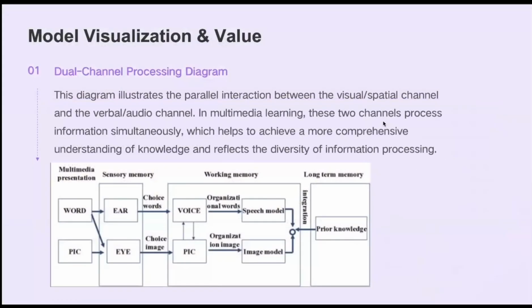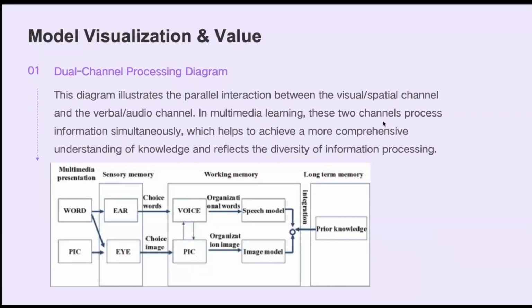The visualization of the model is reflected in the dual-channel processing diagram on the screen. This diagram intuitively shows the parallel interaction process between the visual spatial channel and the verbal audio channel.